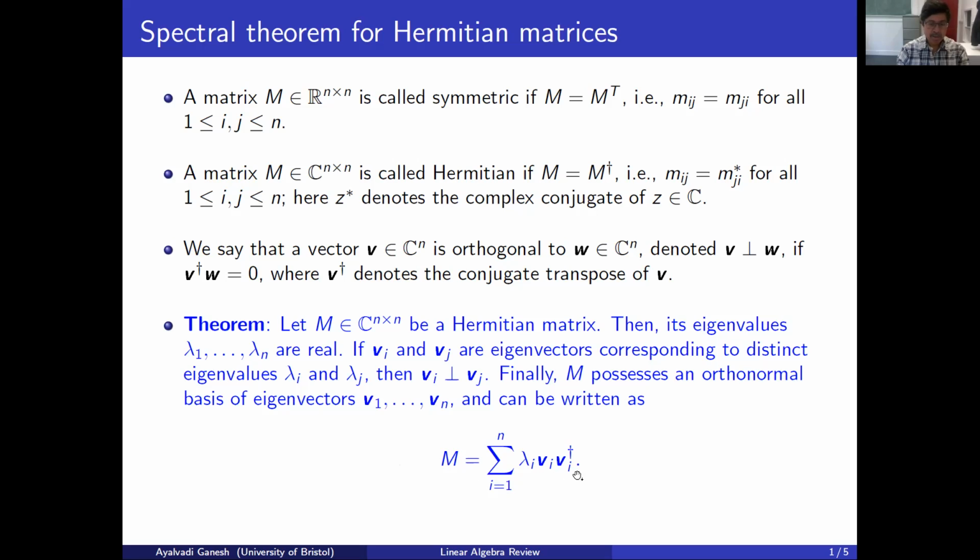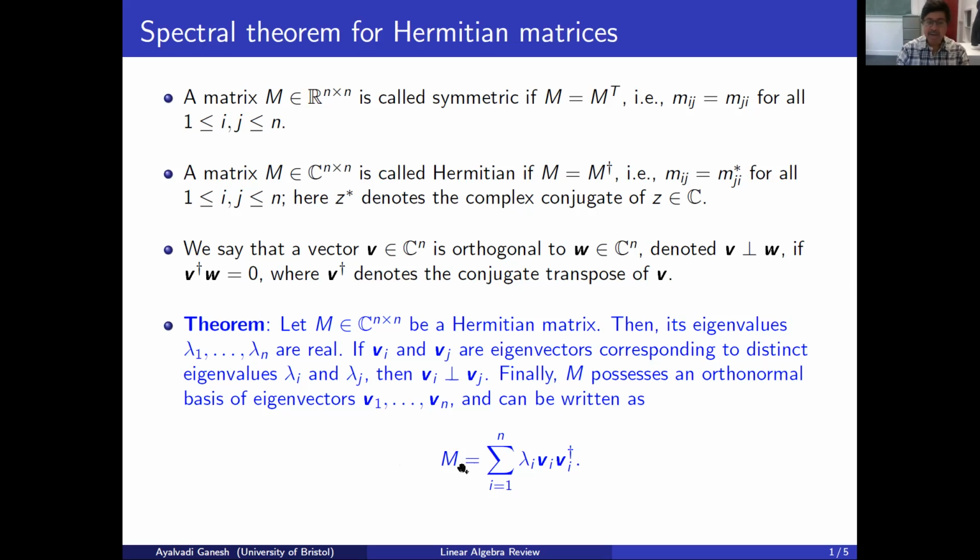This may not be the most familiar form in which you've seen the diagonalization, but what this is saying is that M is diagonalized by the matrix made up of these column eigenvectors. If I call that matrix V, V is an orthogonal matrix, and V M V inverse is the same as V M V Hermitian conjugate.